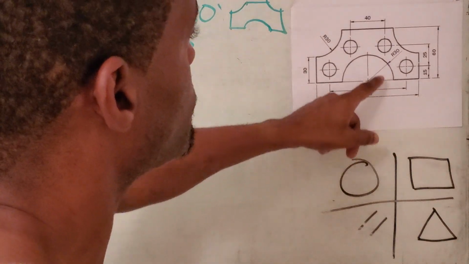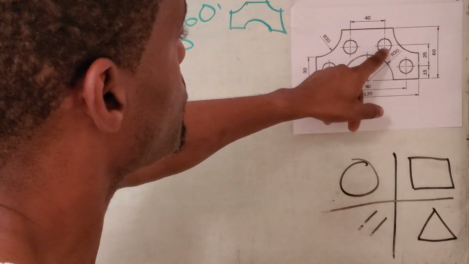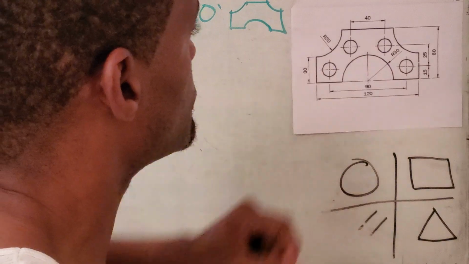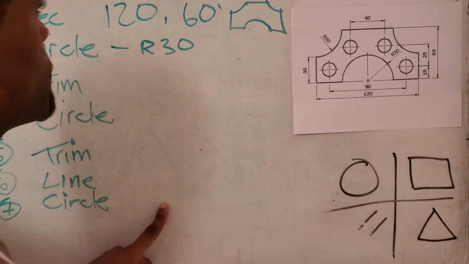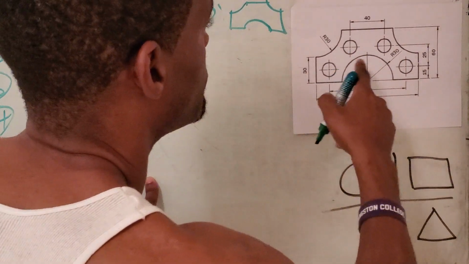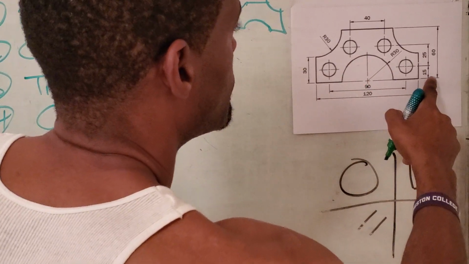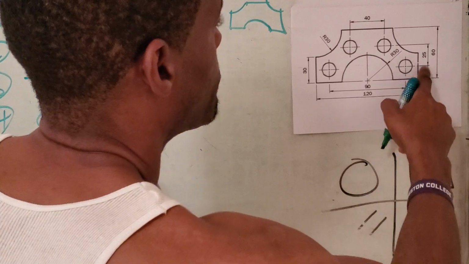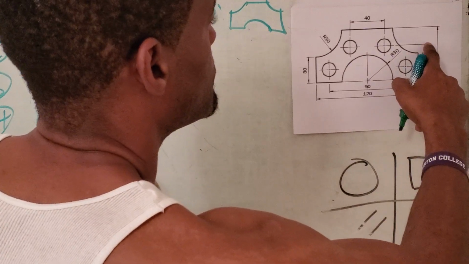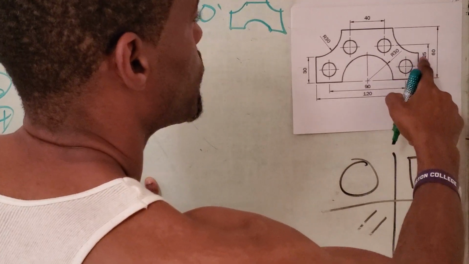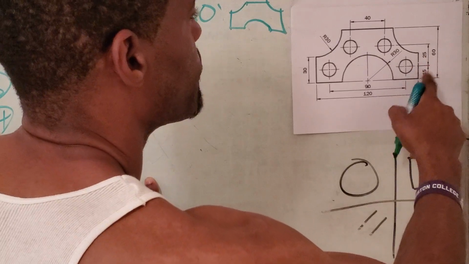Our next step would be to establish this center. And we could do this by drawing using line. We draw a line up at 25 plus 15, 40.